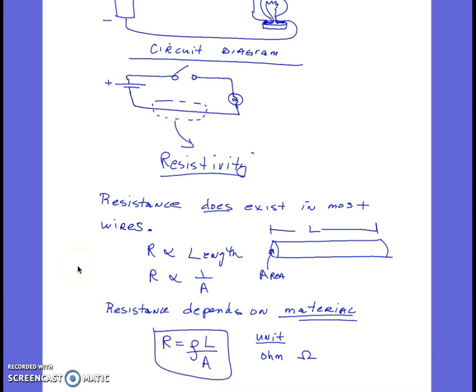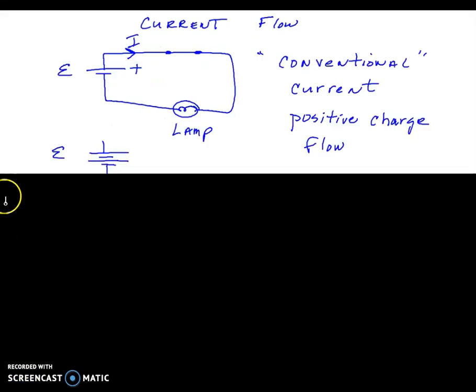But again, most of the time, actually all the time, when we're dealing with circuits like this, we will assume our wires are perfect conductors and they offer no resistance at all. In reality, copper wires offer very little resistance unless they're really, really long, so it doesn't really come into play that much anyway. But in theory, they do offer some resistance, but we are going to assume that they offer none when we're looking at these circuits.